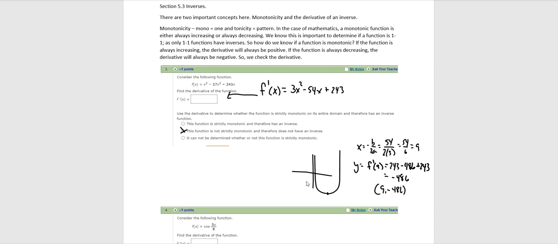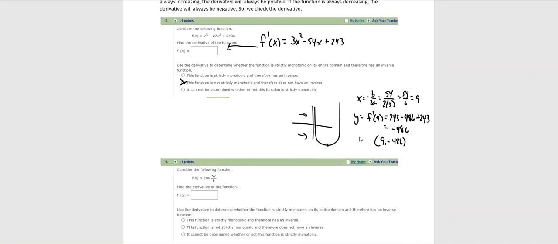If my vertex was above the axis and the parabola was opening up, it'd be always positive. If my vertex was down here and the parabola opened downward, then it'd always be negative. It's monotonic. But this parabola is both positive and negative. Therefore, the derivative is both positive and negative. Therefore, it's not strictly monotonic.